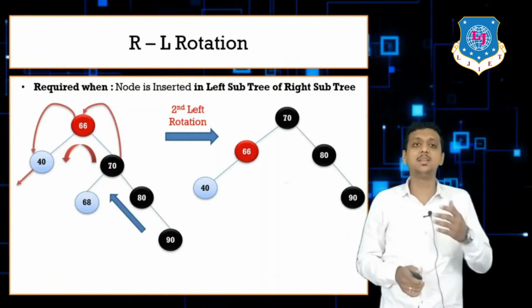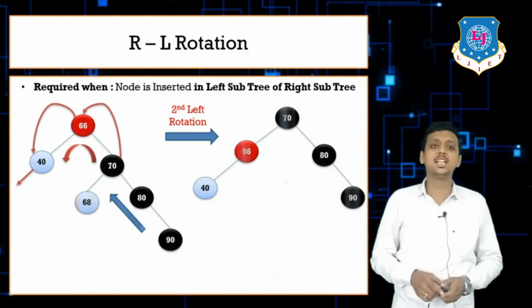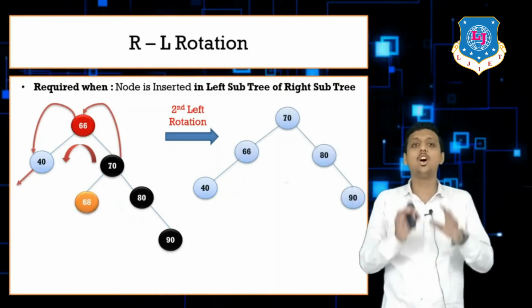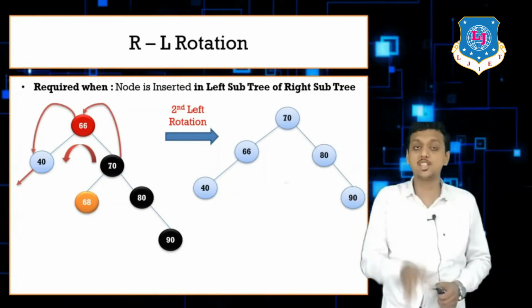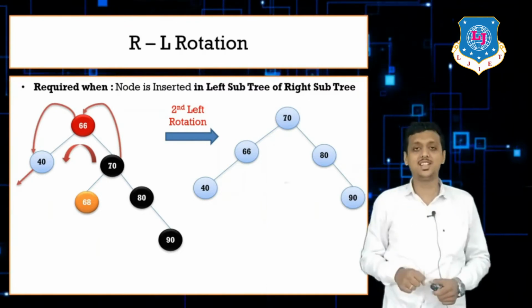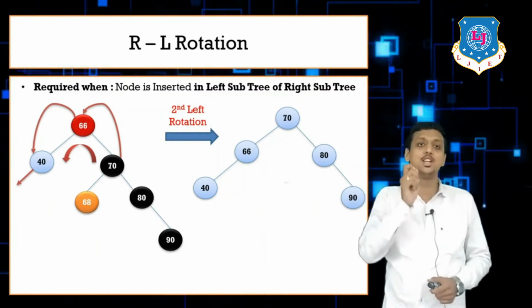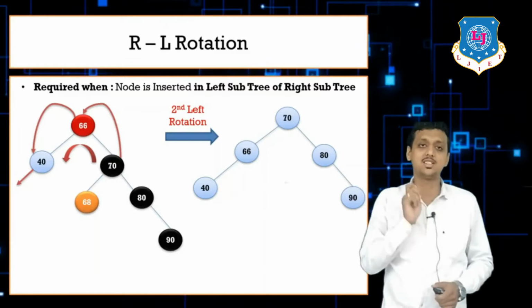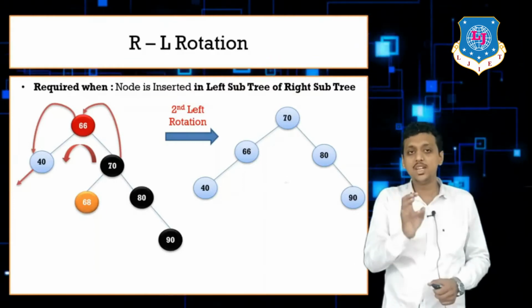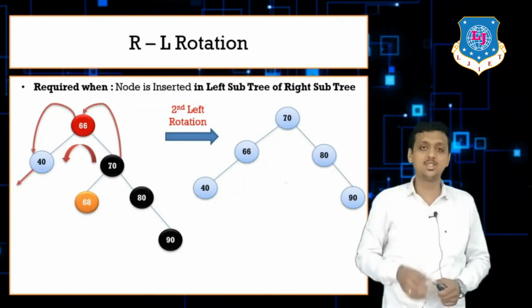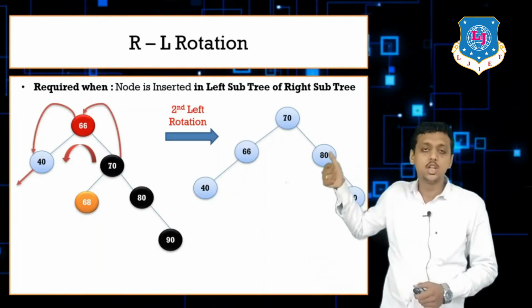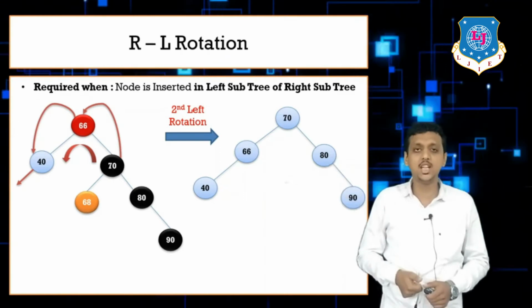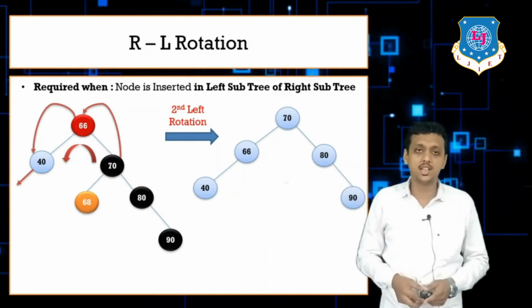Now tell me what to do with node 68. We have completed our RL rotation, but still node 68 remains, students. So please wait. Do not apply balancing factors till now. We have to set node 68. Start the comparison from the root node, which is 70.